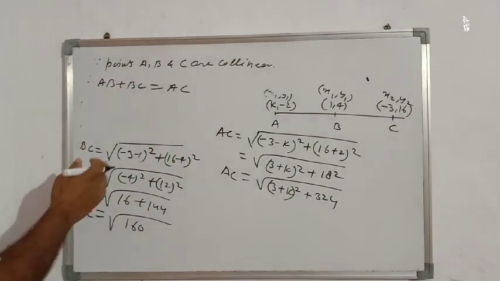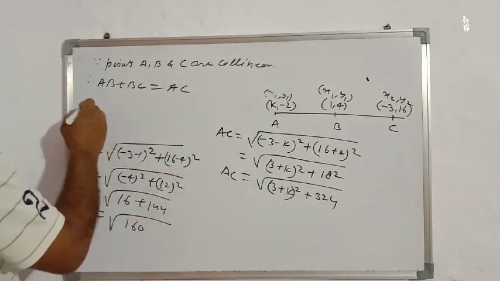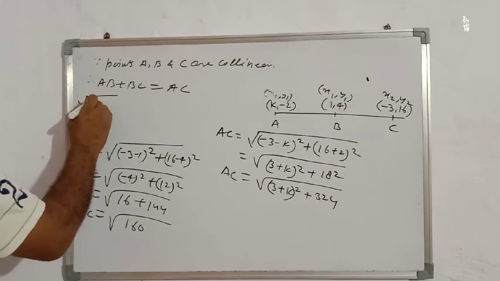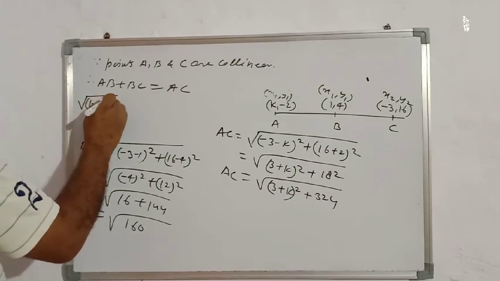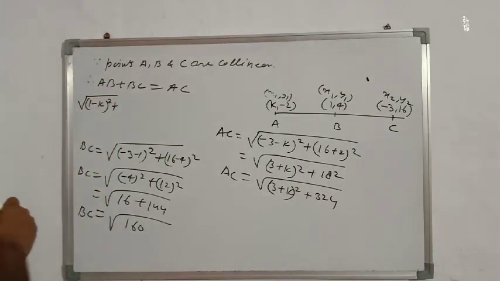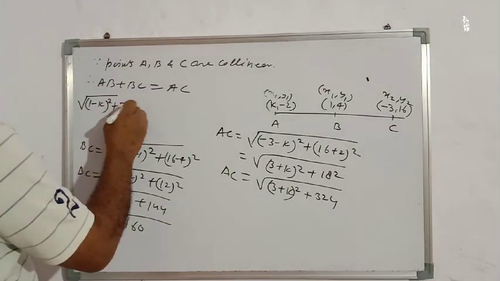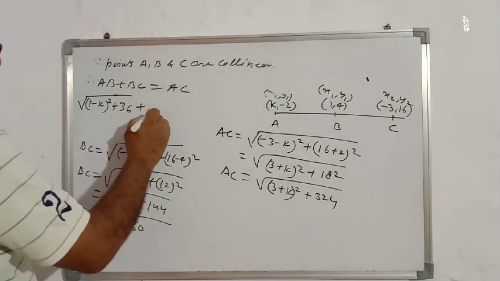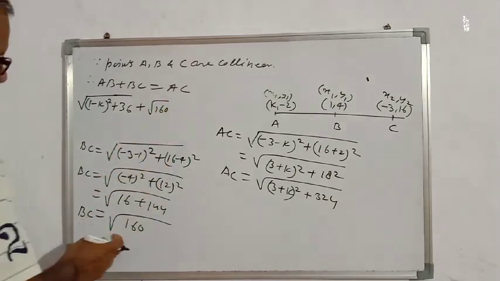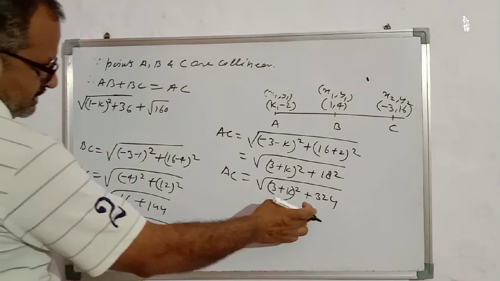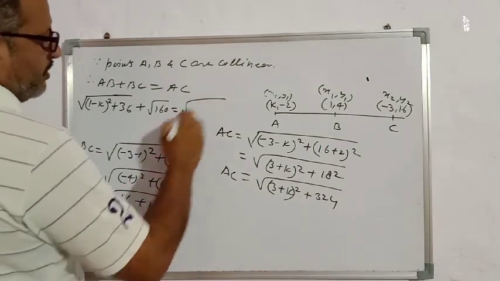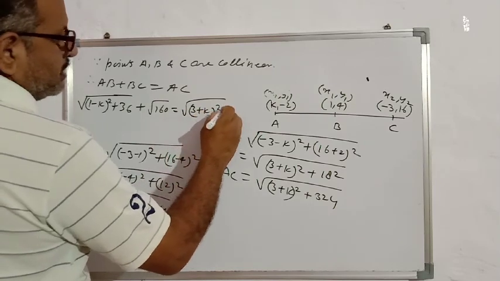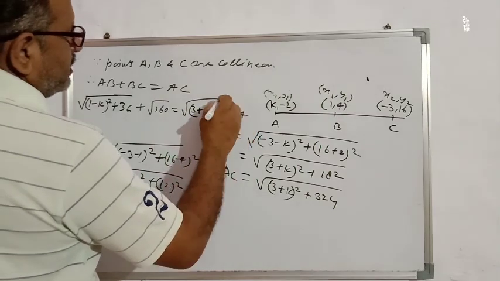What was AB? AB was under root 1 minus k whole square plus 36, and BC under root 160, equal to AC, under root 3 plus k whole square plus 324.